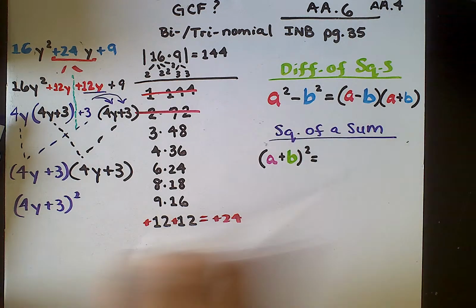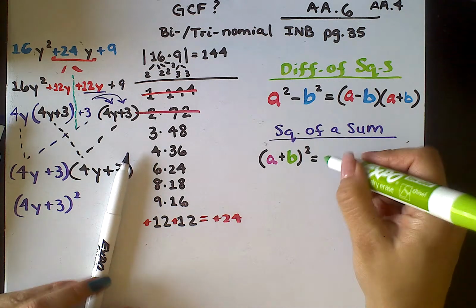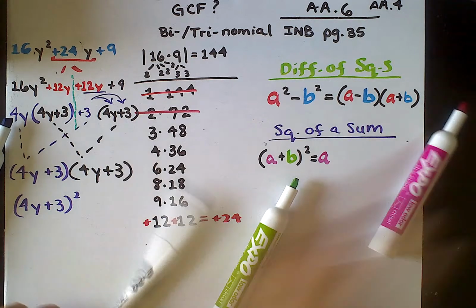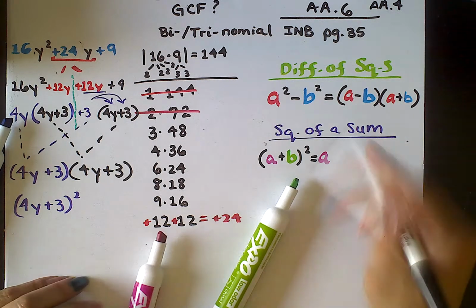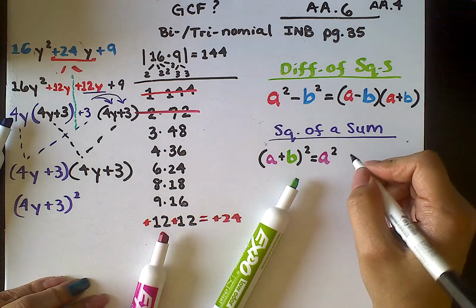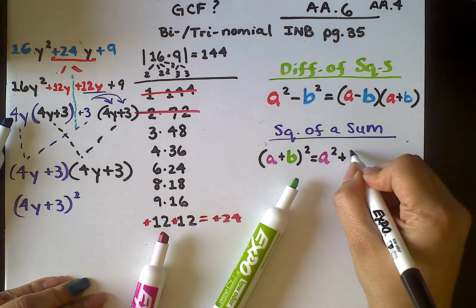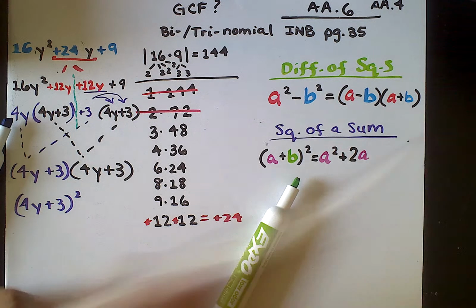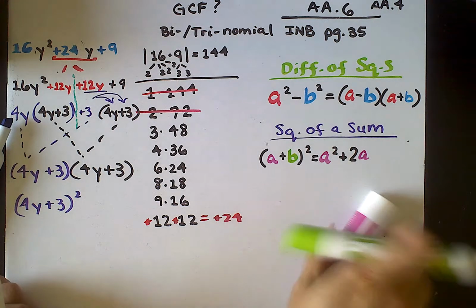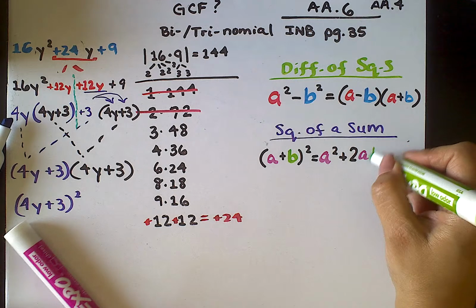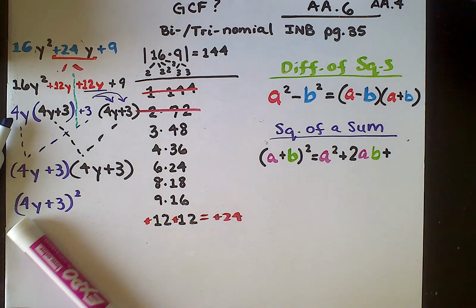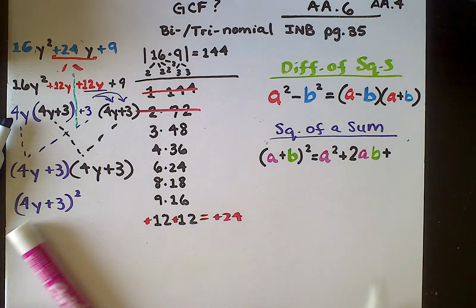Squared is equal to A squared and then plus 2A times B. And then plus B squared.